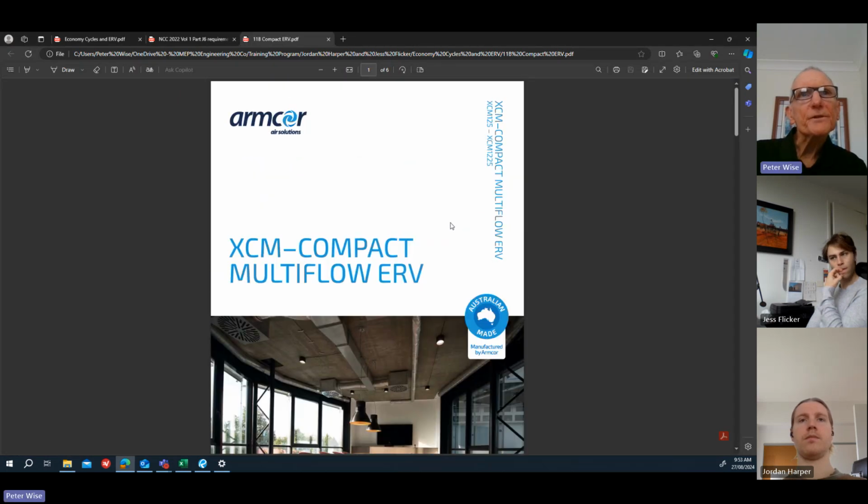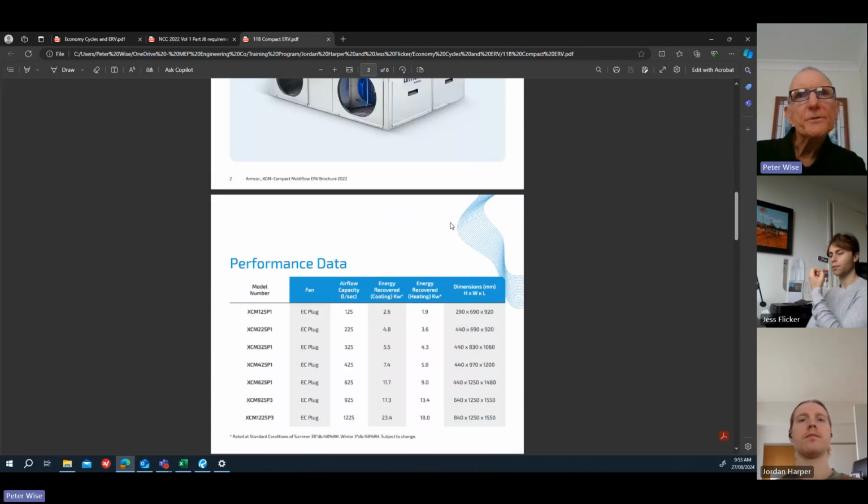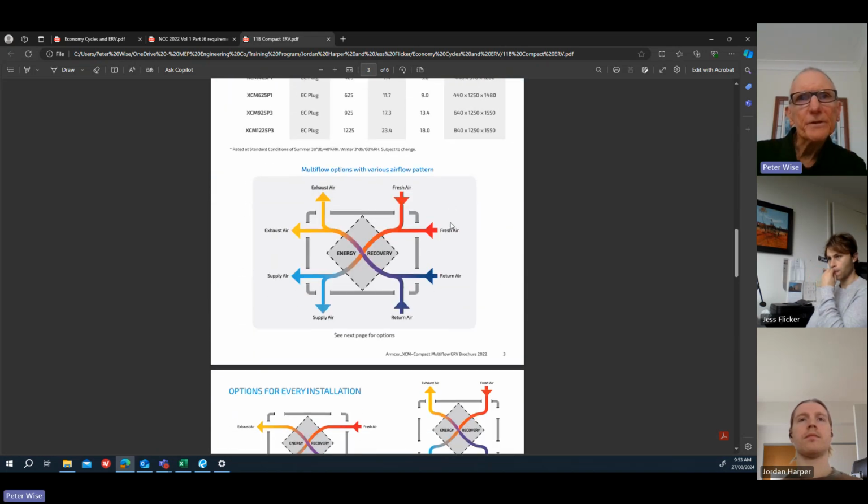So this is Armcore, which is one of the Australian companies that make them. That's what it looks like, but if you look at the schematic, you've got fresh air or outside air coming in. There's two ports that you can use there, and then return air from the space, which has already been conditioned, comes through and exchanges heat with the outside air.